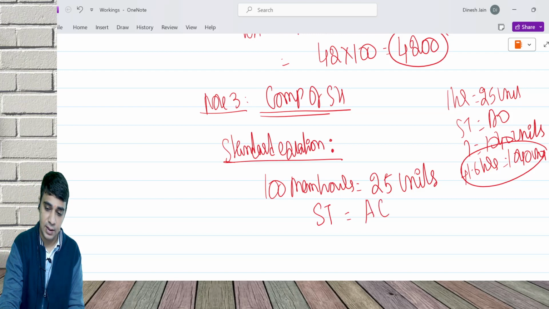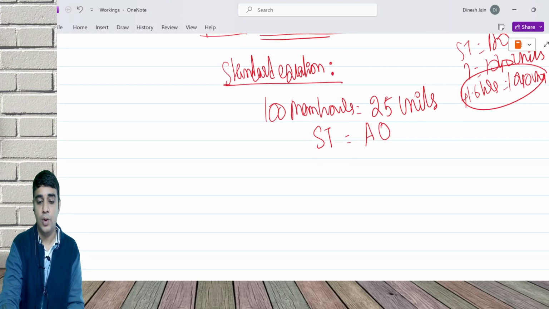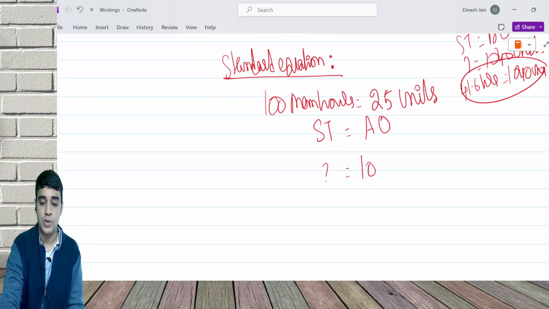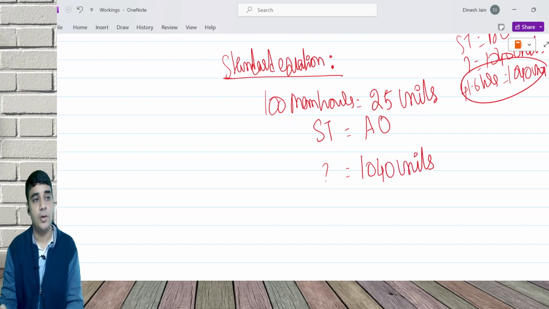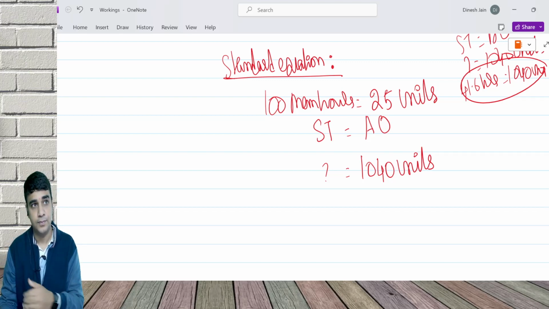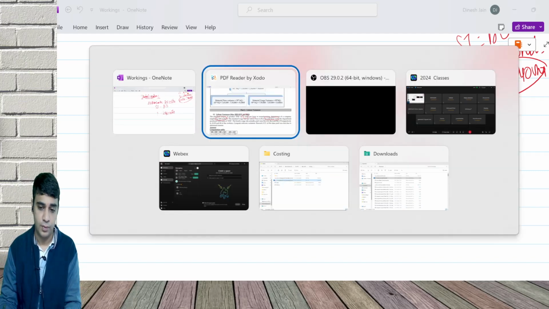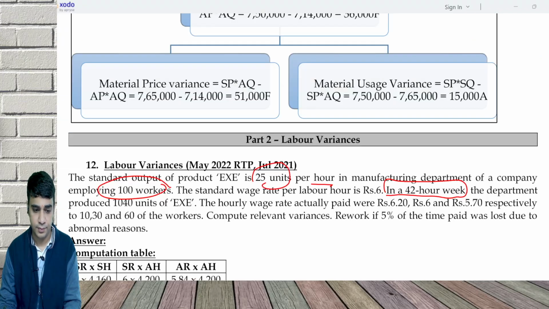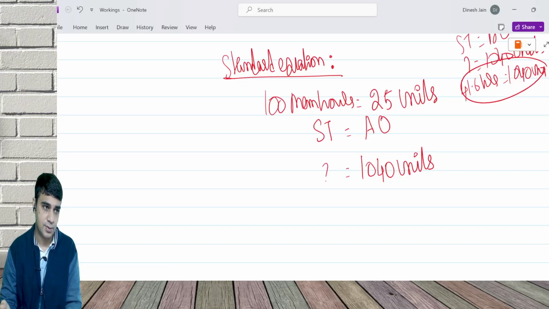ST equal to AO, question mark equal to 1040 units. How many man hours do you get?